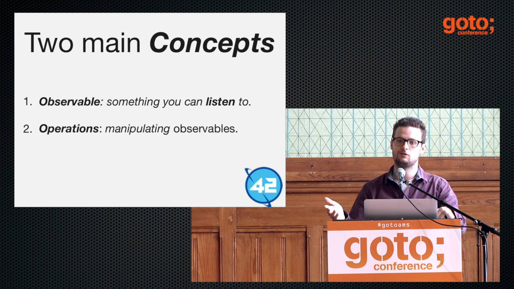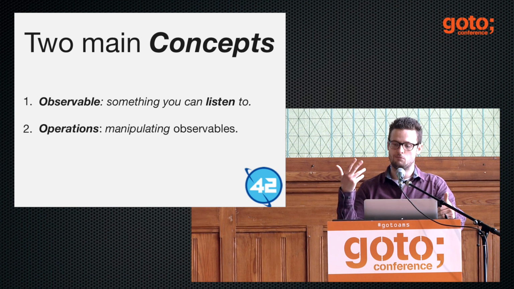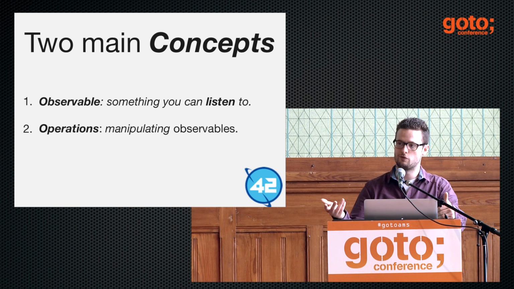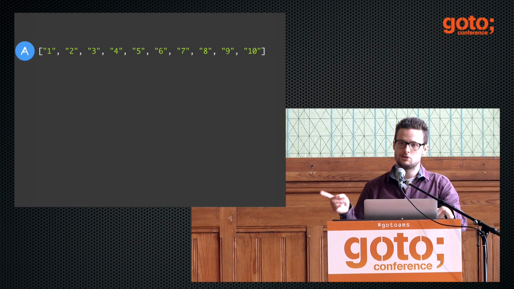Anything you can listen to, you can turn into an observable in RxJS. And the second concept is that of operations. An operation allows you to manipulate your observables. So you can basically perform an operation on an observable and get a new observable out. To demonstrate how operations and observables work, I've created this pseudocode example.